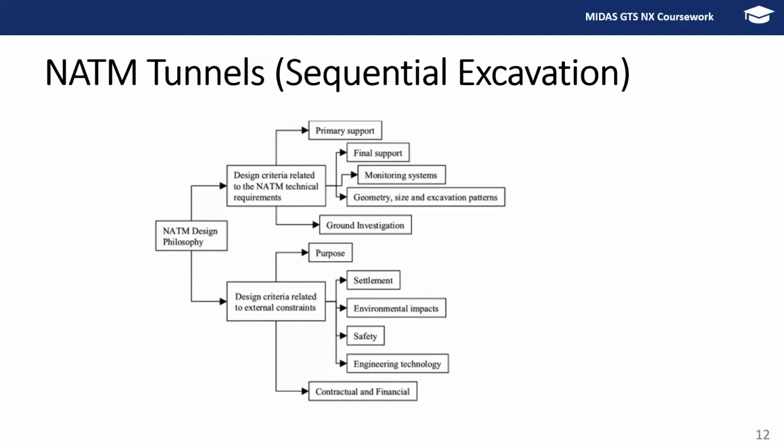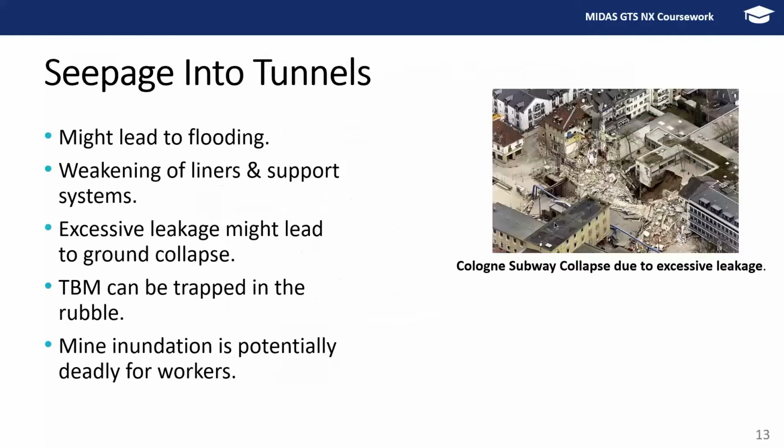And then it comes to the external constraints, like the purpose of that tunnel, how long it's going to last, or for how long the tunnel is supposed to be used. Then the ground settlement, the environmental impact assessment, the safety of the workers and the nearby areas, then the technology that is supposed to be used, and finally in the end the most important detail, that is the contractual and the financial obligations that are coming under the program.